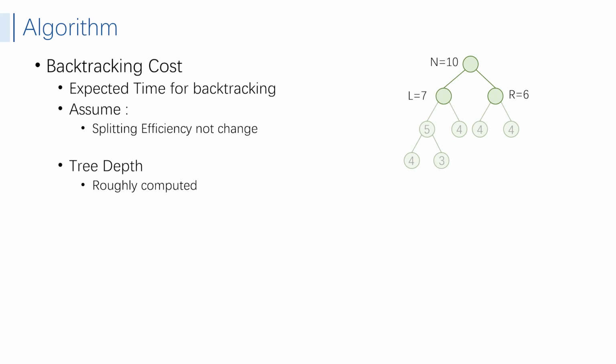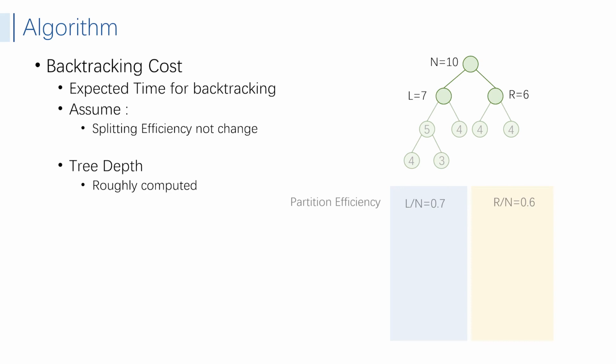As for backtracking cost, we also simplify a lot. In previous studies, the expected backtracking time is approximately proportional to the tree depth in nearest neighbor search problems. Since our partition does not split elements into exact two halves, we need to evaluate the final tree depth of our subtrees. Directly simulating the construction process is too time consuming, so we assume the splitting efficiency does not change during partitions.